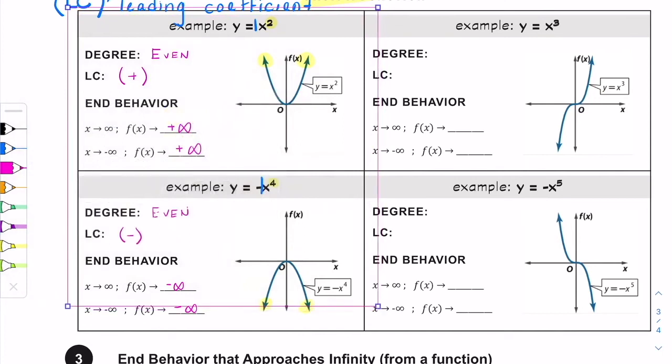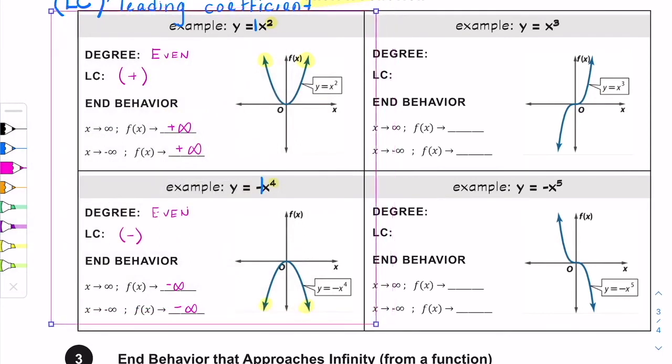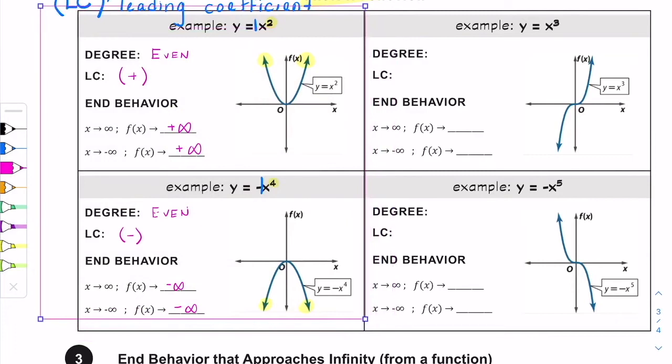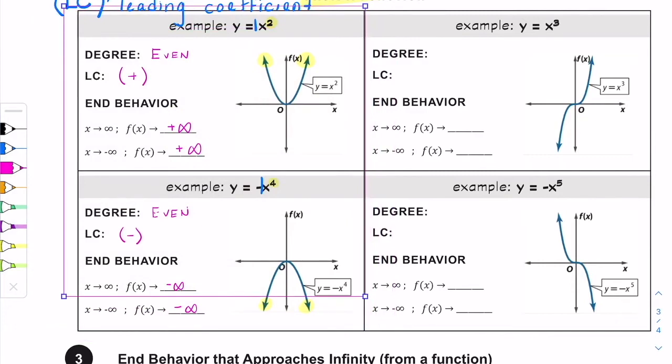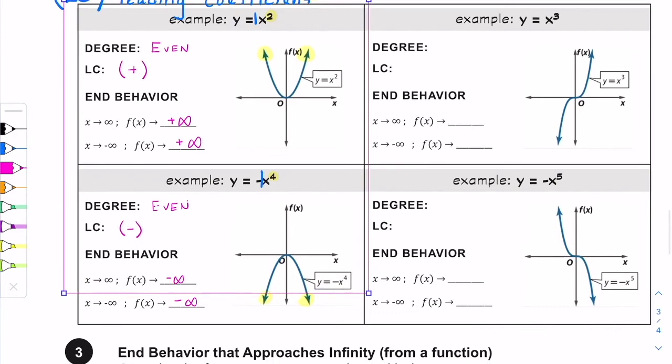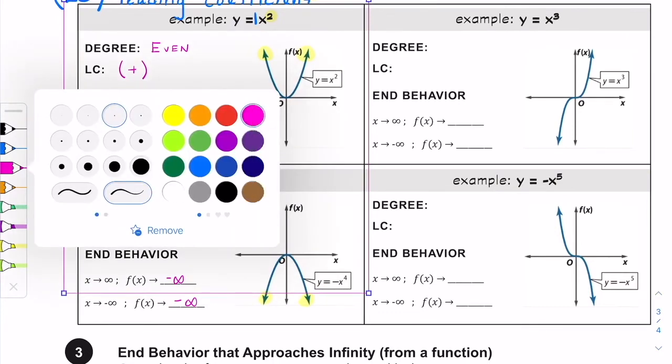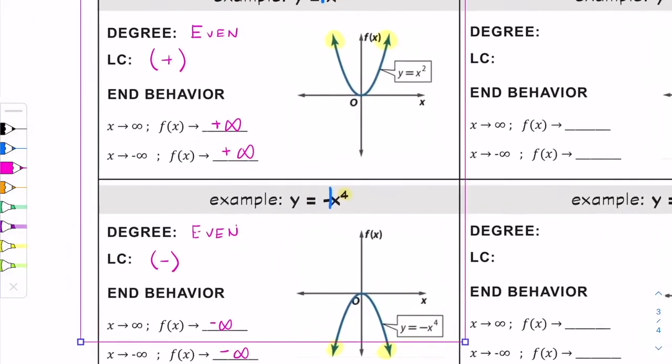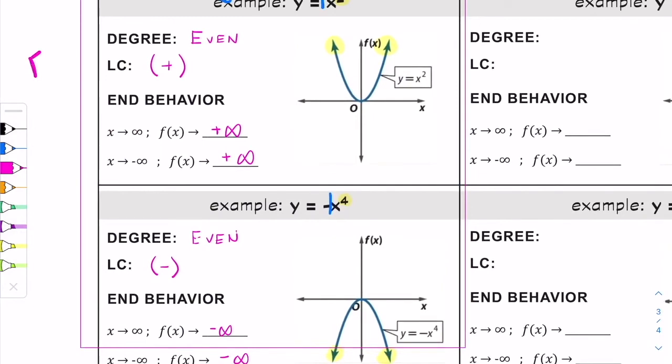All right, this side of the graph that I just drew a pink square around indicates that your function is an even function. So if the function is even, then both ends either face up or both ends face down.